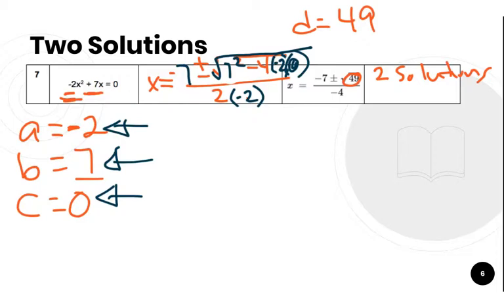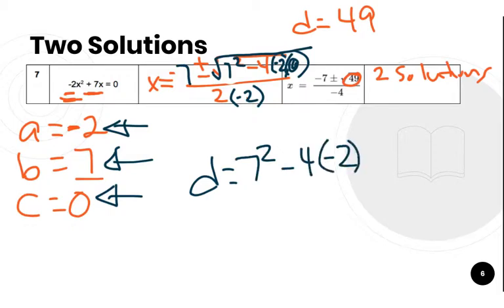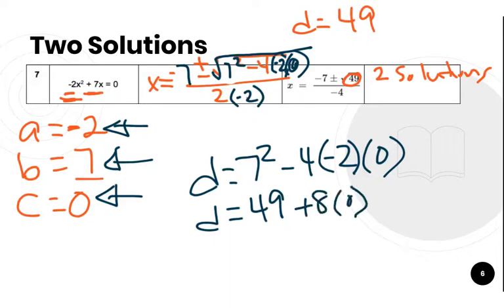Okay, so again, my discriminant is 7 squared minus 4 times negative 2 times 0. And let me just do this in my head. All right, so 7 squared is 49. Negative 4 times negative 2 is positive 8 times 0. 8 times 0 is 0.